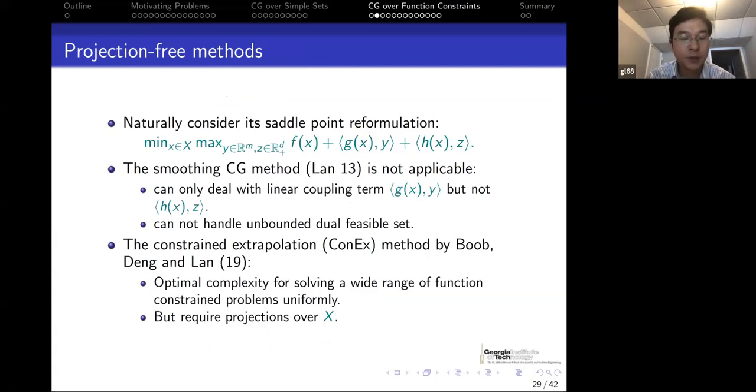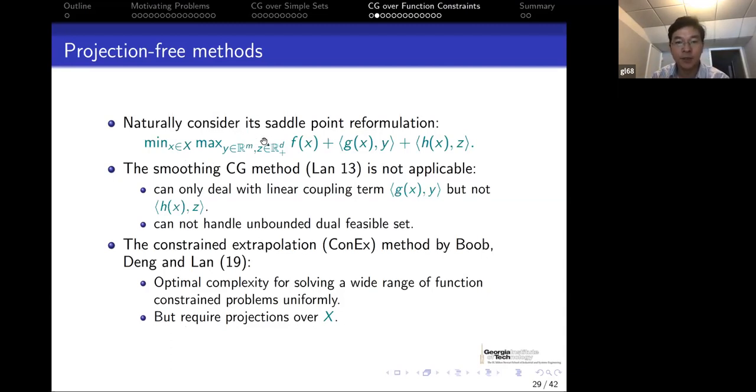Since we don't want to do projection over the feasible region, naturally we can consider Lagrangian relaxation or saddle point reformulation. So now we have this saddle point problem: minimize with respect to x, maximize with respect to y and z, which are dual variables. Then you may think, okay, we may apply the smoothing technique Next developed to solve this problem.